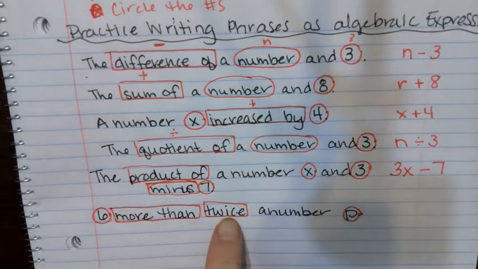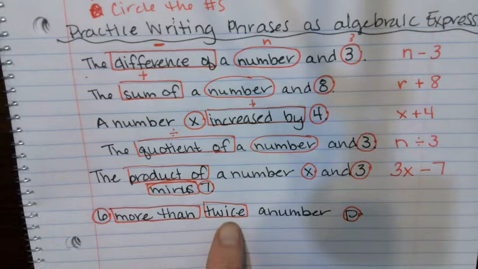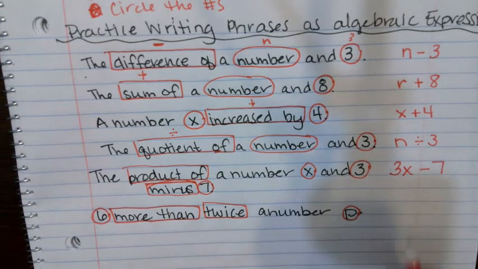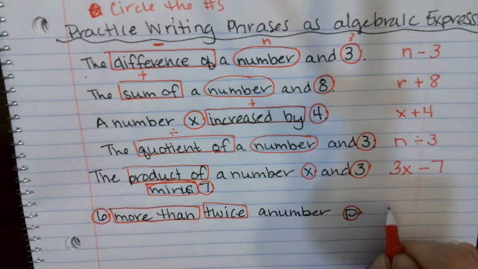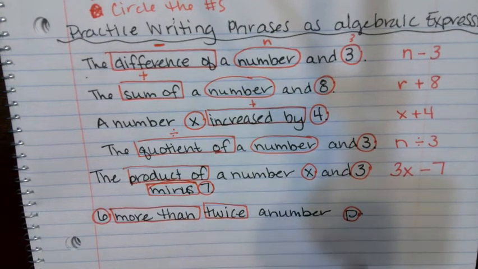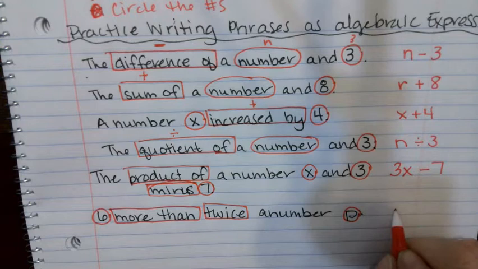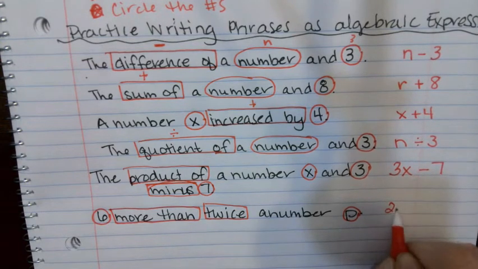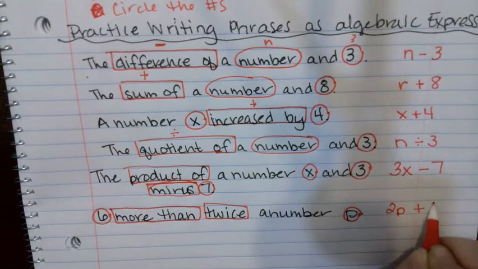But remember twice also is kind of like a number because it says we're going to multiply this number by 2. So we're going to have 6 more than twice a number p. So we're going to have 2 times p plus 6.